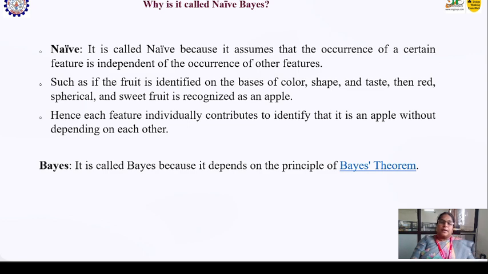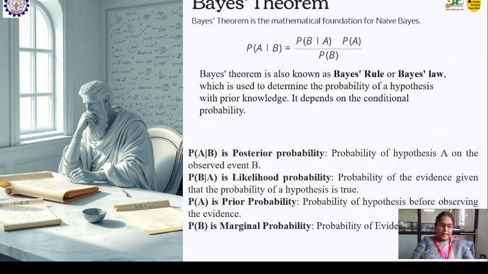It depends, as I already said, on the principles of Bayes theorem. So let's see what Bayes theorem is. Bayes theorem is the mathematical foundation for naive Bayes. The formula for Bayes theorem is: P of A given B equals P of B given A into P of A, divided by P of B. Bayes theorem is also called the Bayes rule or Bayes law, mainly used to determine the probability of a hypothesis with prior knowledge.